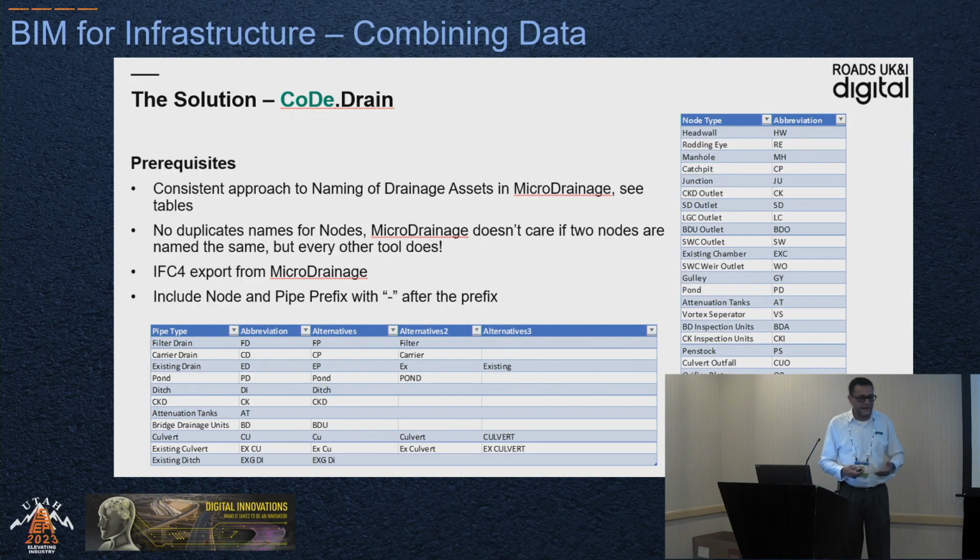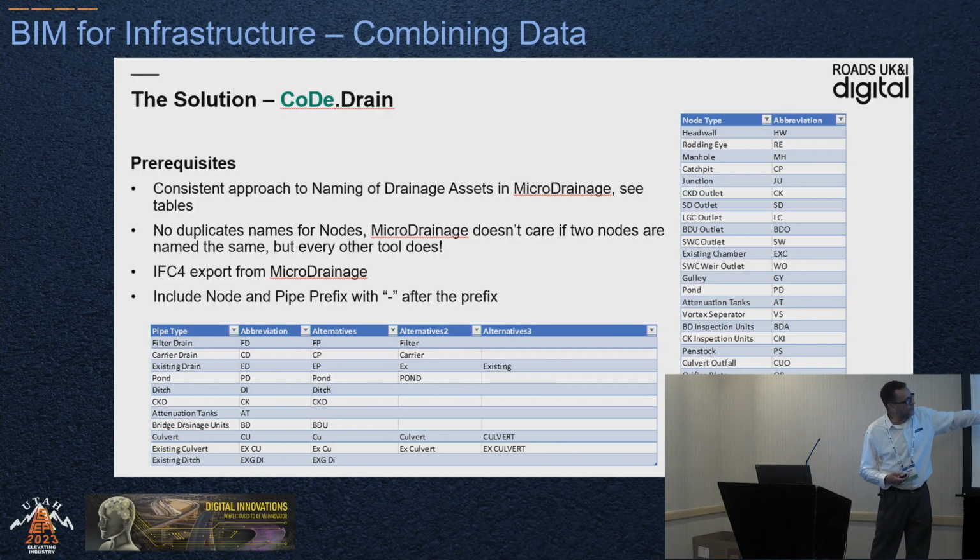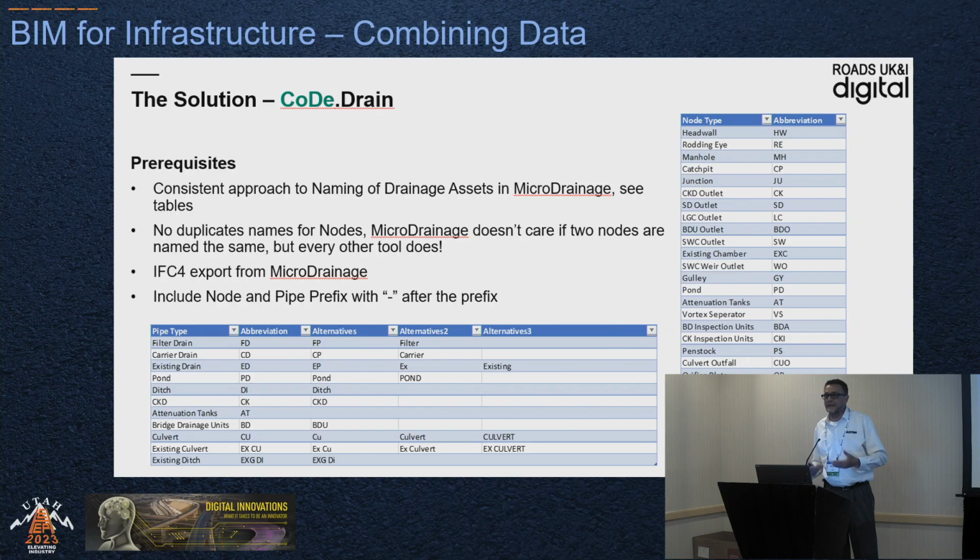So combining the data. Here's an example using MicroDrainage as a system, but for drainage assets. When we start to get into all of these fields, what you see, the abbreviations and model types, these are the kind of parameters and attributes that we're adding to models. This is the information that goes in. It also comes out in that IFC.